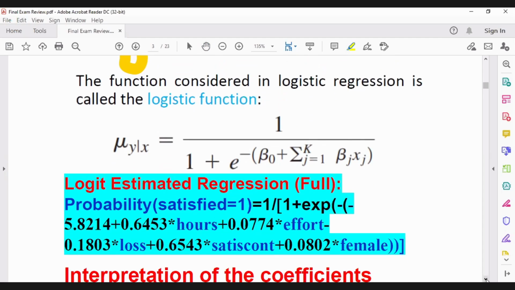In the exam, I will ask you to write down the logit estimated regression.